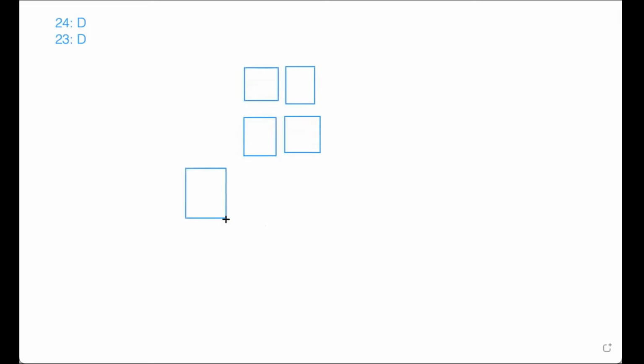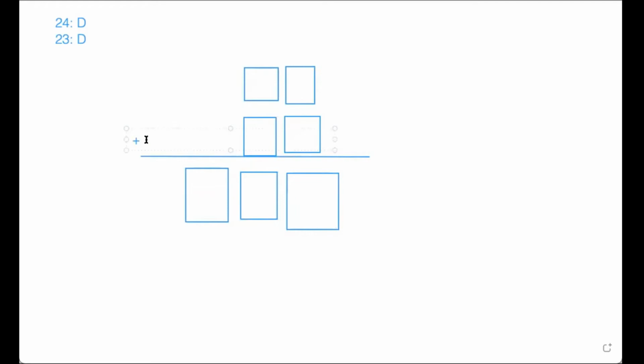Okay, so we have a square here, here, here, here. And this is similar to this diagram, except we can edit it. And this is just a plus.